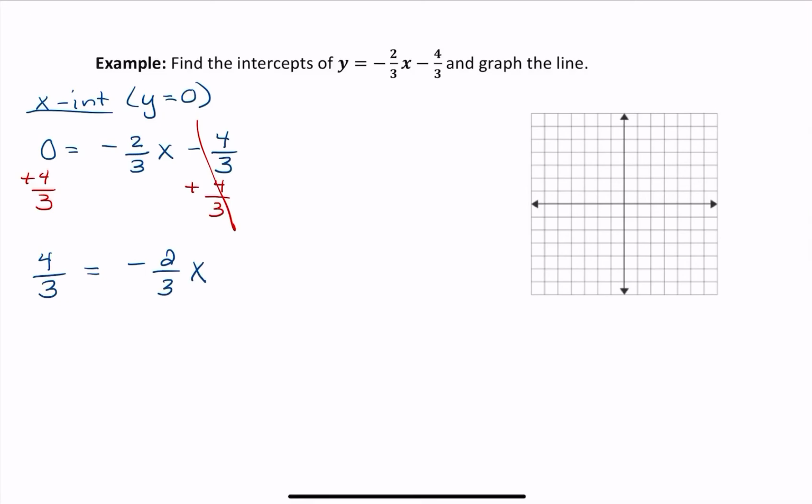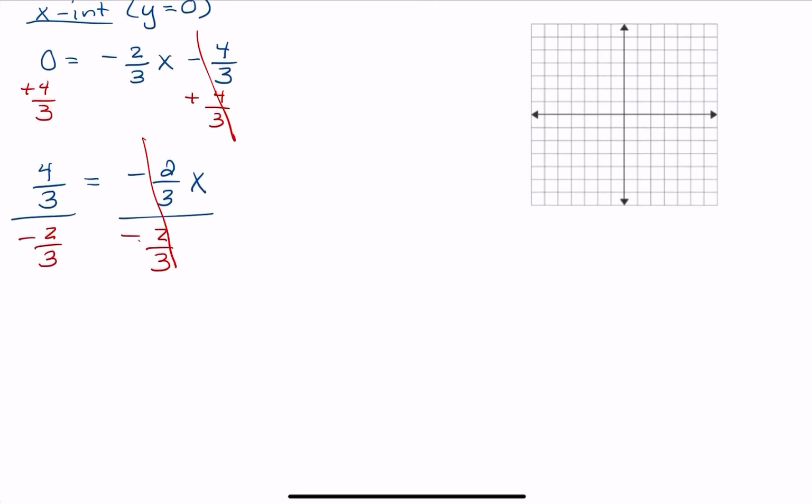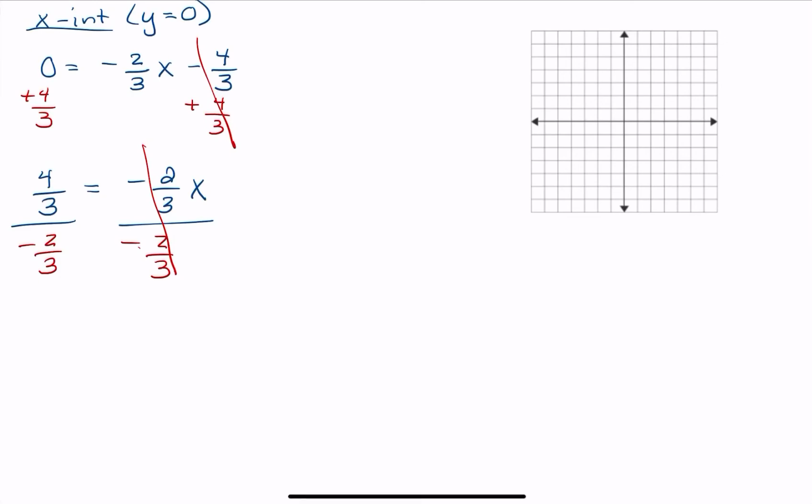I want to isolate the x. So I'm going to divide by negative 2/3. So x will be by itself and leaves me with x equals 4/3 divided by negative 2/3. Now when you divide a fraction by a fraction or divide anything by a fraction, remember the keep it, change it, flip it.